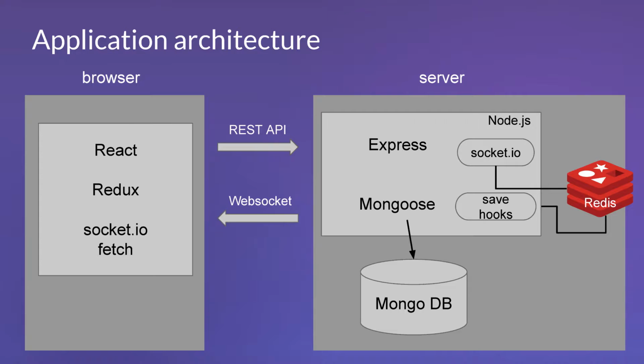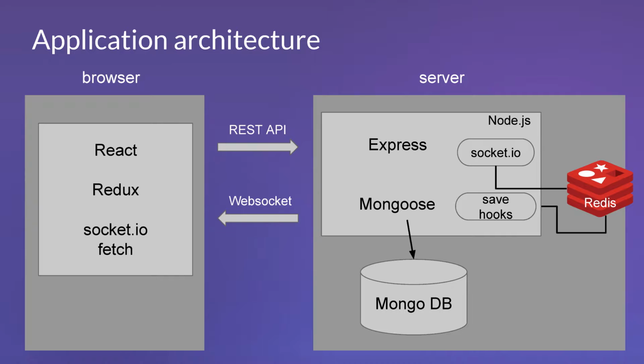So the architecture I want to focus on today takes that basic pattern. On the server side, I'm going to use Node, with Express within Node. I've got Mongo for persistence. And then on the front end, the React library and the Redux library for implementing the Flux architecture pattern.